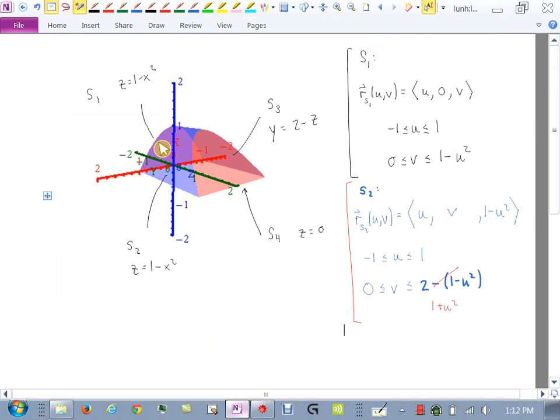On S1, that backside was that parabola. It just wasn't tilted. The y coordinate wasn't changed. So that's what we're going to do. We're going to basically use this S1 right here again, but we're going to have to look at what that y coordinate is going to be. So let me try and put that down over here.